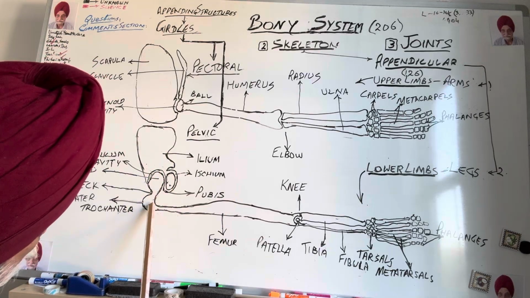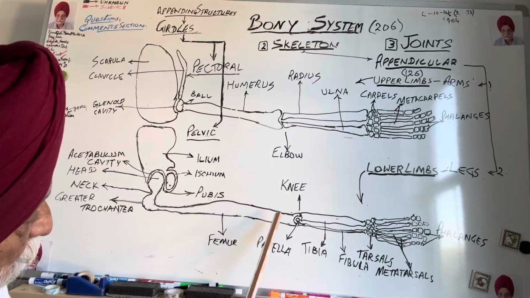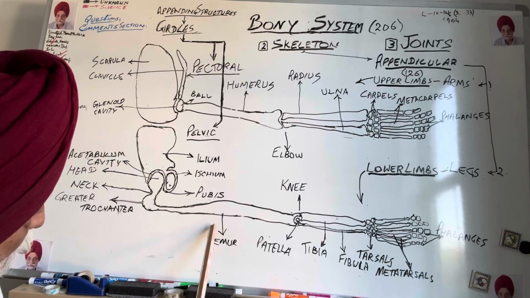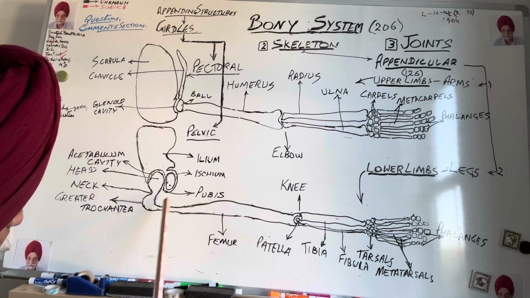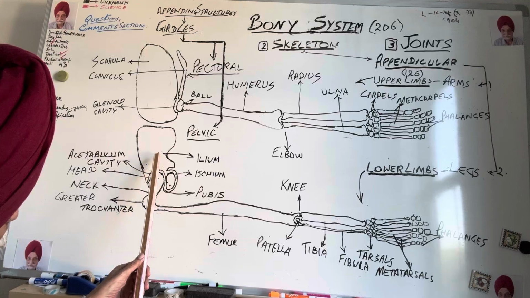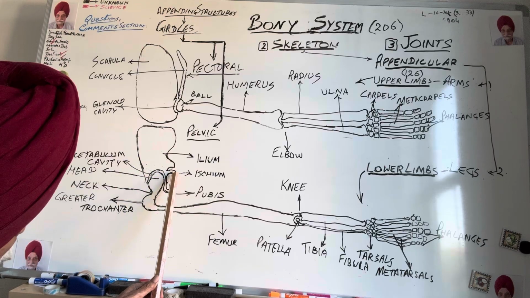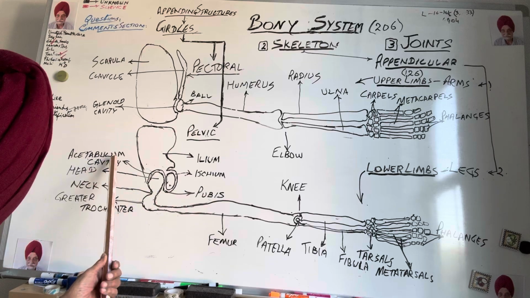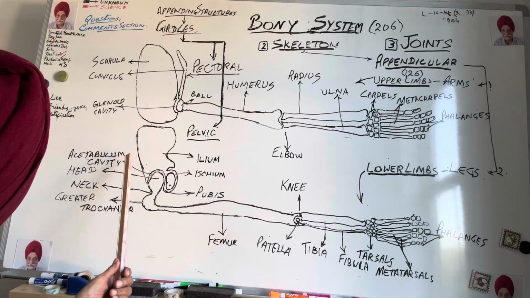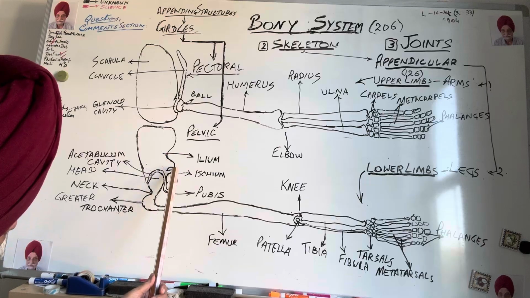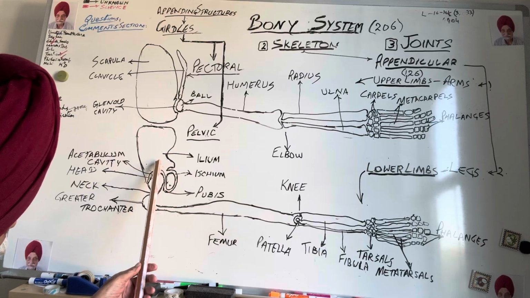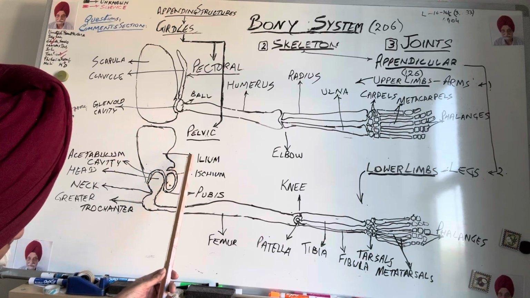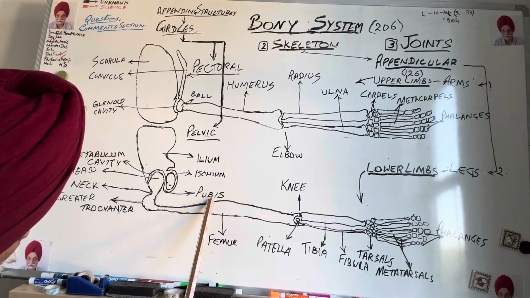The bone of the thigh is called the femur. The femur joins the pelvic girdle at the socket called the acetabulum cavity. The acetabulum cavity is formed by the bones of the pelvic girdle, ilium, ischium, and pubis.